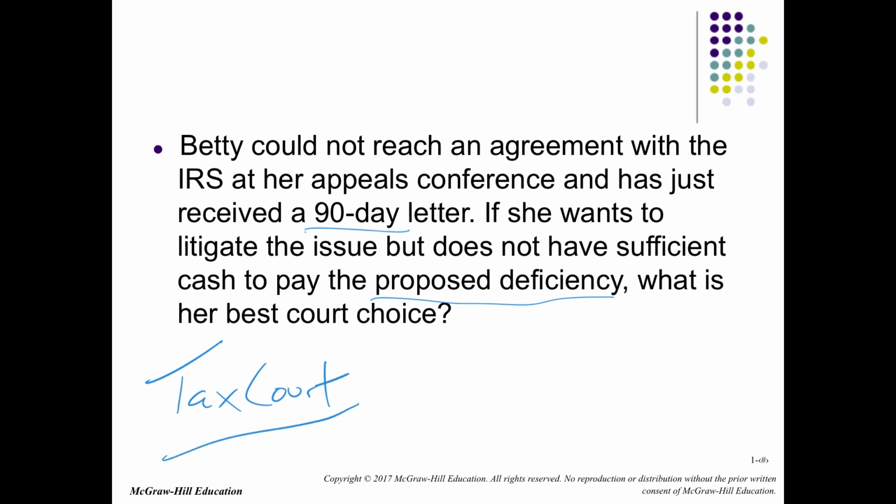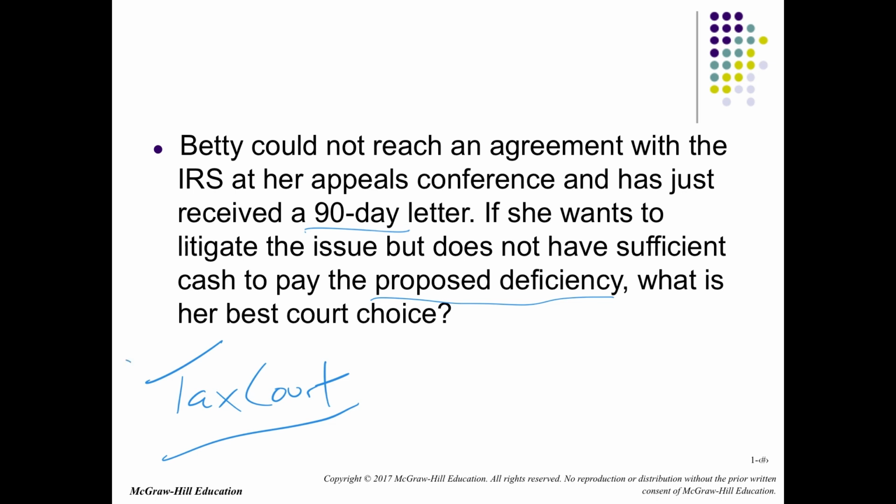is that you can request to go to tax court and you do not have to pay that deficiency first. You can go to tax court, and then if you win, you don't have to pay the deficiency at all. If you lose, then once that decision is made, then you have to pay your deficiency. If you go to district court, you have to pay your tax deficiency, and then you sue in district court for a refund.